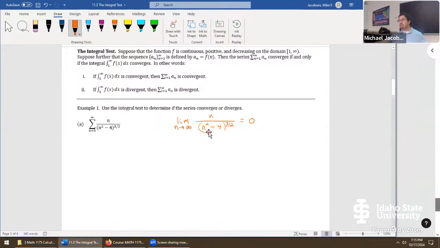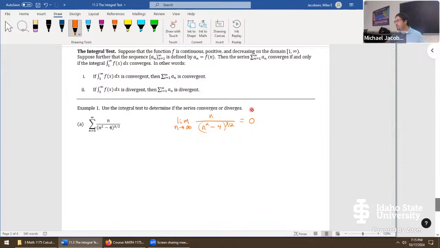Reason for that is the denominator is not a polynomial, but if that -4 was gone, as n gets really, really large, you're really just looking at n squared to the power of 3/2. That's an n cubed altogether with just degree 1 in the numerator. So the denominator, although we can't say it's of higher degree, it acts like a polynomial when n is very, very large, and it would be of higher degree.